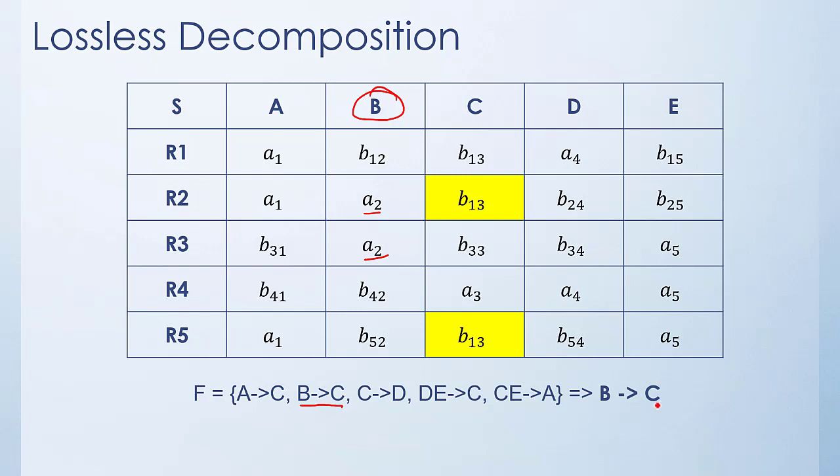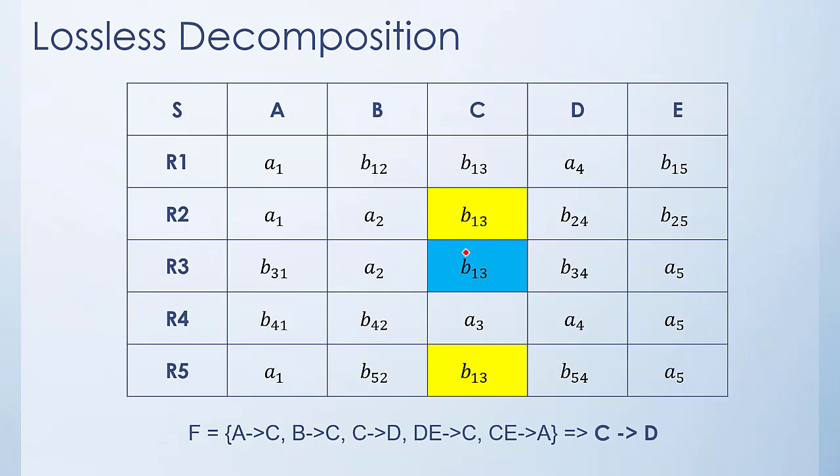As B determines C, this is my X and this is my Y. Now C is my Y, so we have to look for whether there is any A3 present for these two rows. As there is no A3 present in the C attribute for these two rows, we need to replace B33 by the symbol B13. By using B determines C, this will be the change, highlighted in blue.